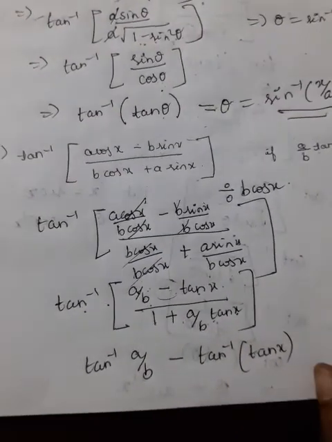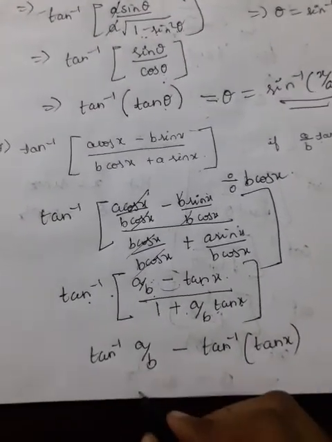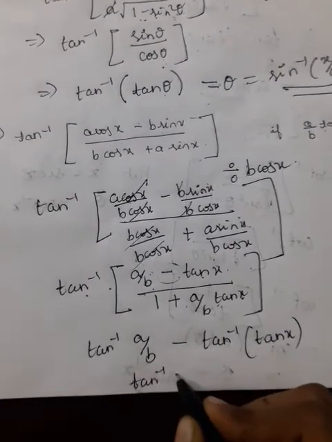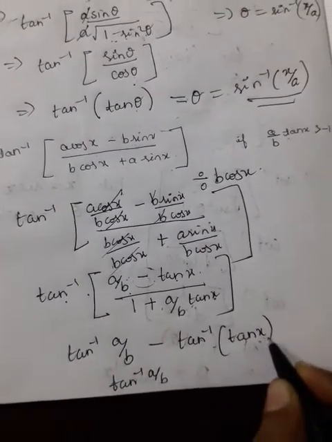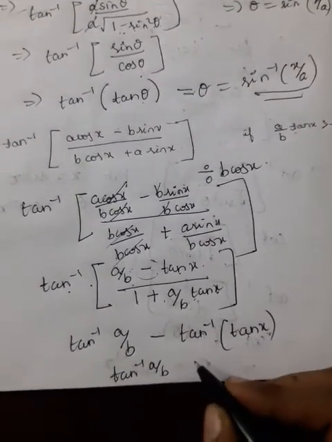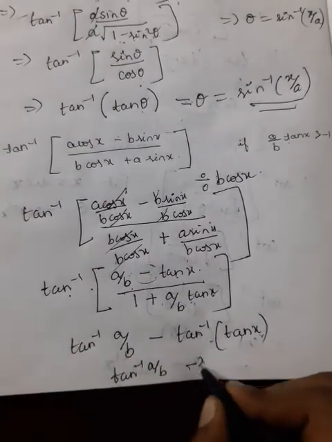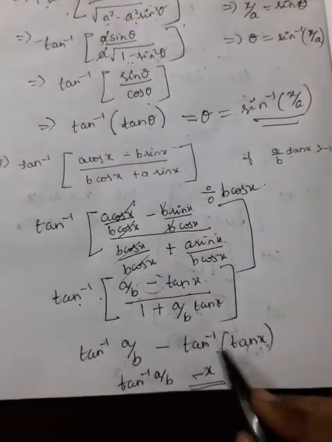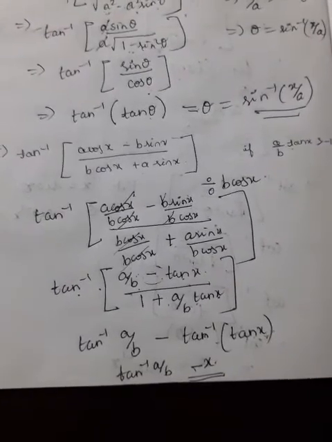Okay, this is equal to tan inverse of a by b as it is. Tan inverse of tan of x is x.